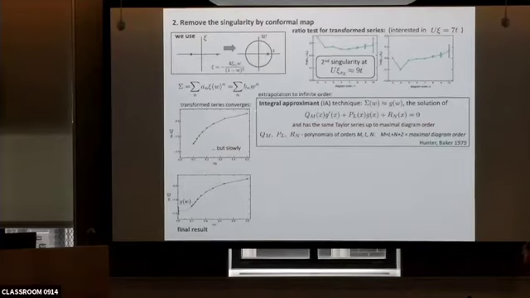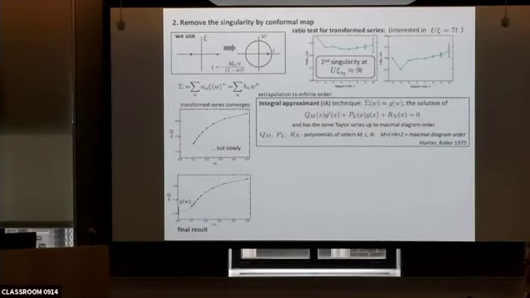Q and P are polynomials of the corresponding orders, which is obviously constrained by the number of coefficients that you've computed for the series.